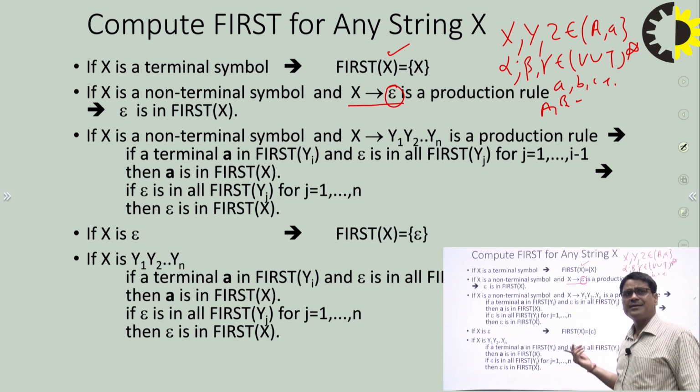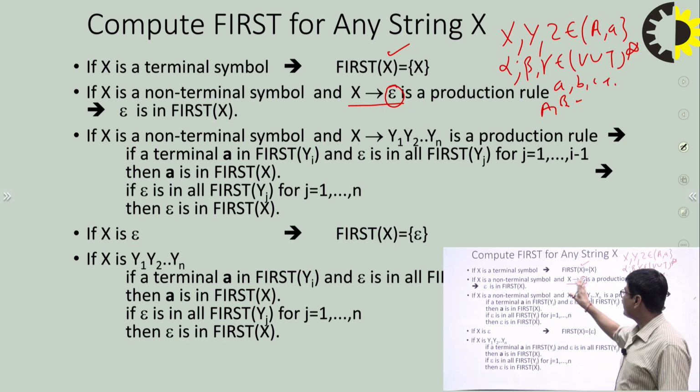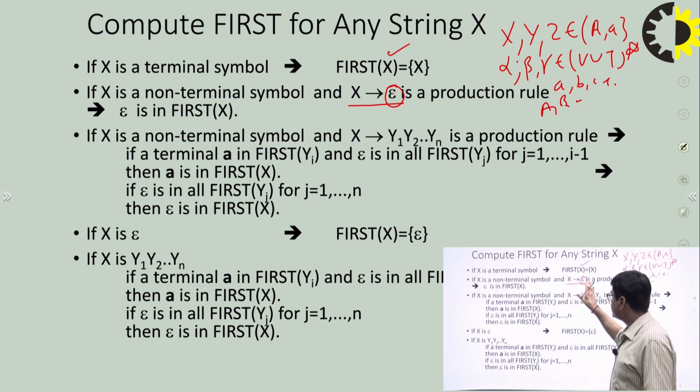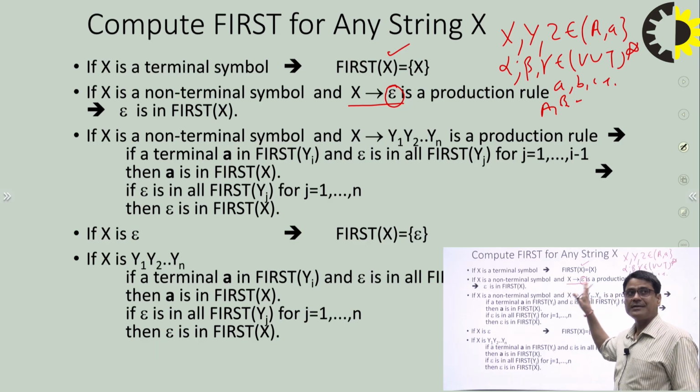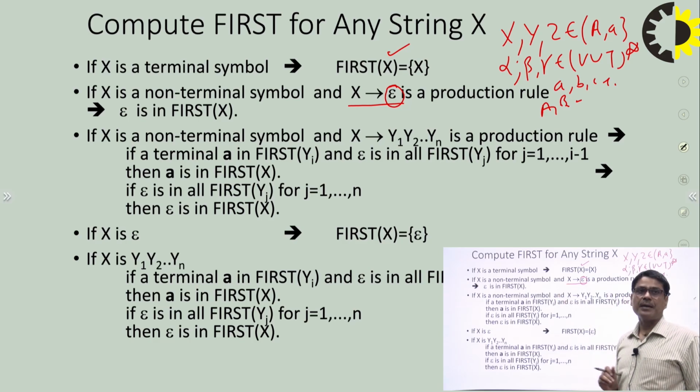Sometimes on the right hand side, the first variable derives epsilon, but the second variable does not derive epsilon. At that time, no. So you will just map this thing. The right hand side must derive epsilon. If the right hand side derives epsilon, then only you can add that epsilon into the first set of capital X.